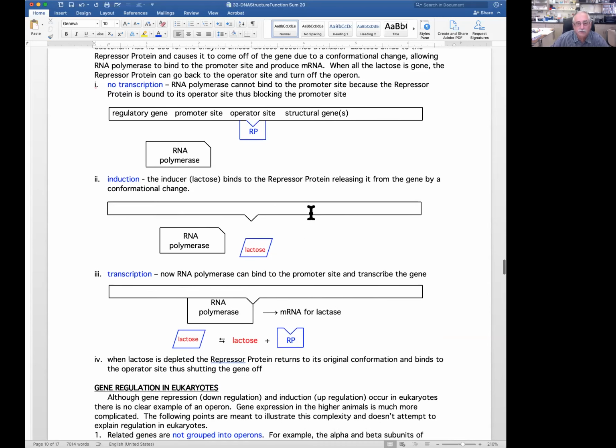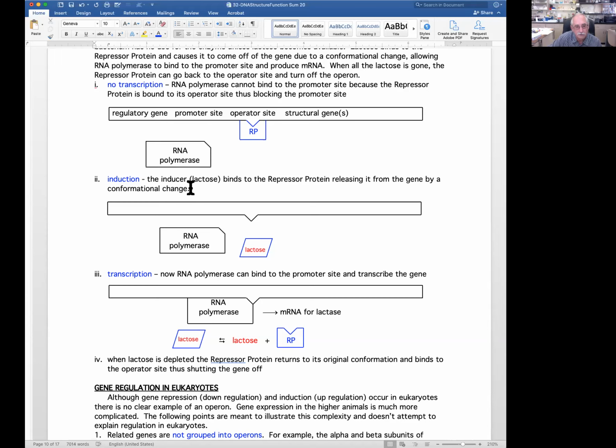So here's the situation. Here's the regulatory gene that codes for the repressor protein. Here's the operator site for where the repressor protein binds. And here's RNA polymerase that wants to bind here, but it can't get there because of the repressor protein. So this is off. Then how does it get turned on?